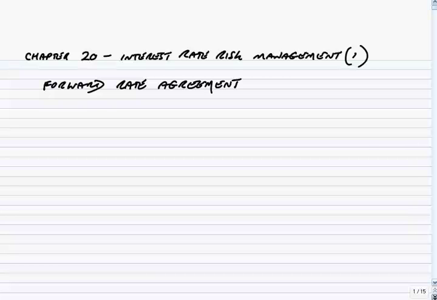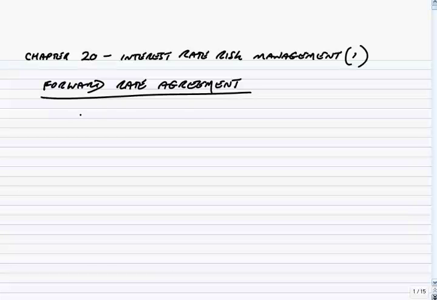And here it's very simple indeed. If we know we're going to need a loan in, let's say, 2 months' time, and we want fixed interest, then instead of just waiting 2 months and then finding out what the rate is, we can simply go to the bank, tell them that we're going to want to borrow money in 2 months' time, and they'll quote a rate now to apply to that loan starting in the future.